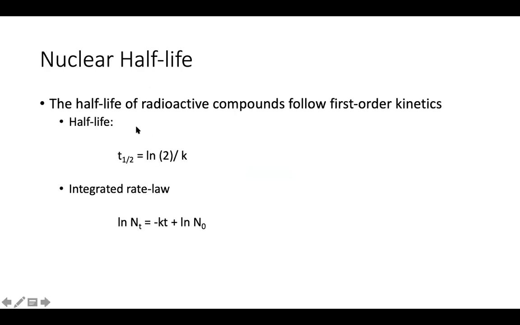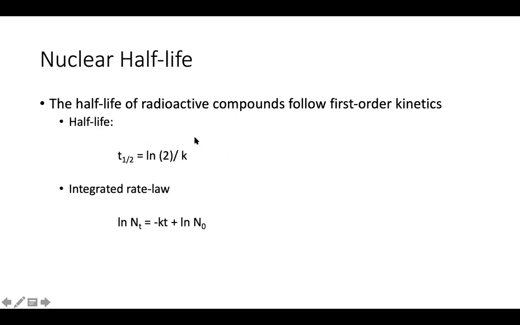So whenever you're dealing with radioactive compounds and their half-life, the equation is T1/2, the time for half-life, is equal to the natural log of 2, which I believe is 0.693, divided by k, our rate constant. This will always be the half-life equation that we use for chapter 19.